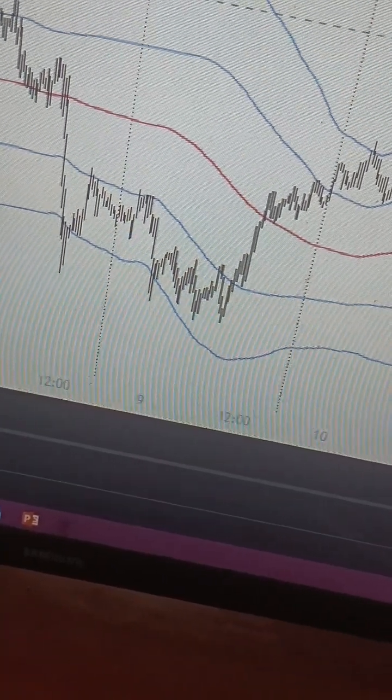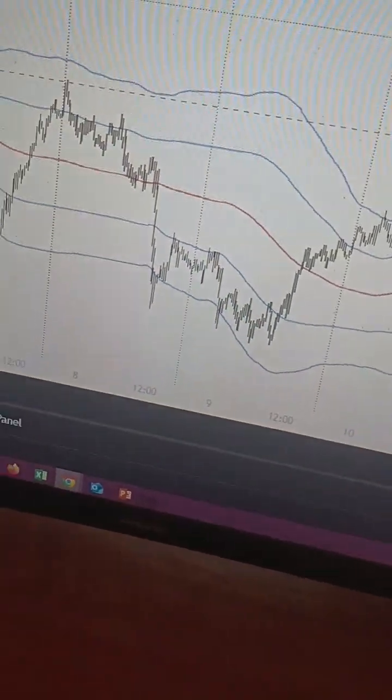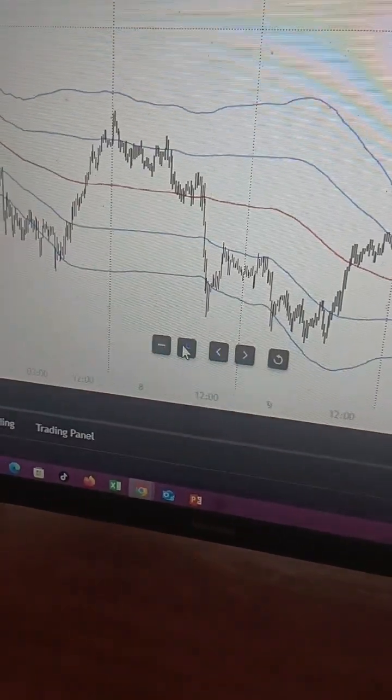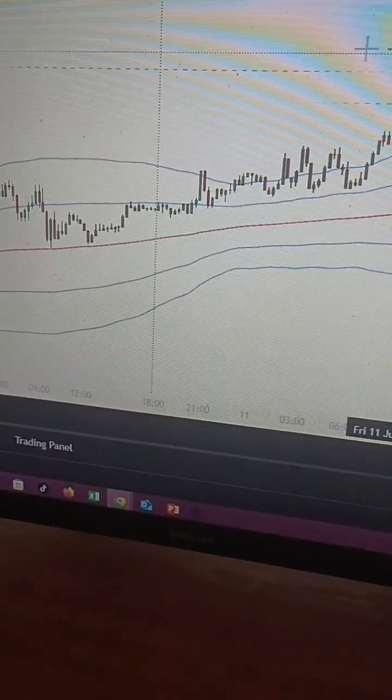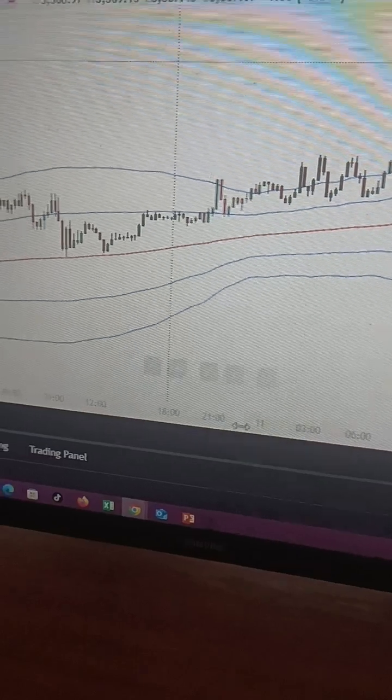So that is it. For me, if I were struggling with the EMA that I use, this would be something that I would use very well as a beginner.